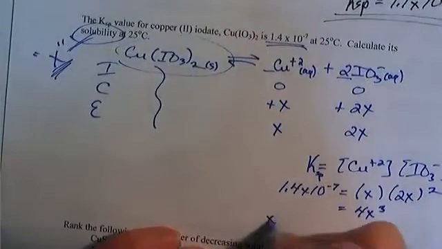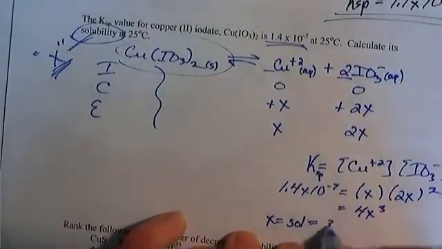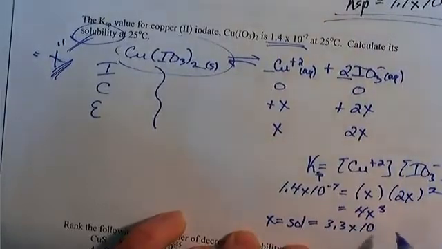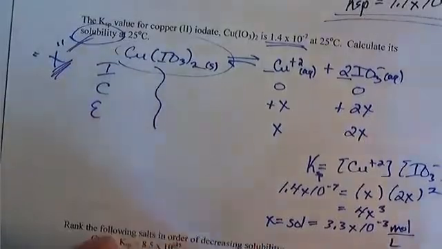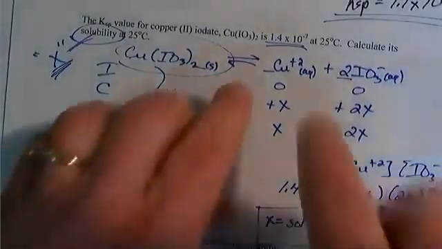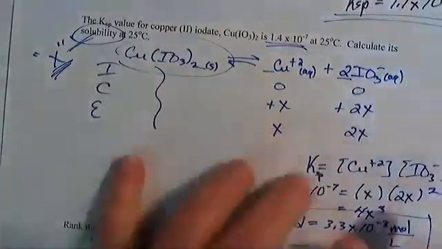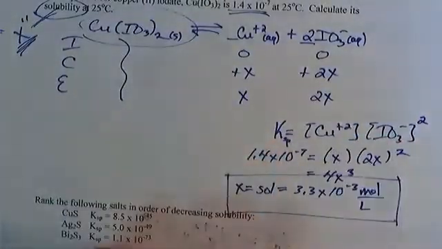And the x, which is our solubility, will be 3.3 times 10 to the minus 3rd, and we know it'll be mole per liter. Okay, and we're done. So we just have to be really careful making sure we're respecting the mole ratio of our ions and applying the law of mass action.